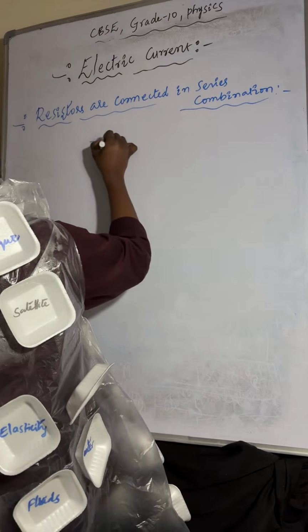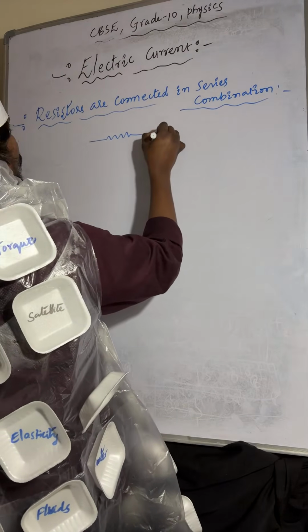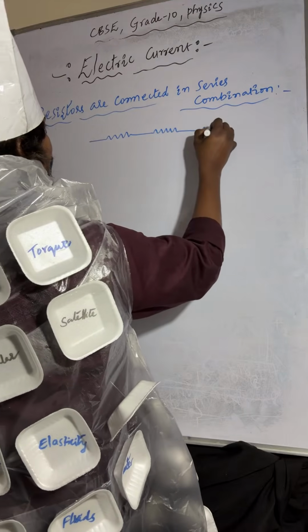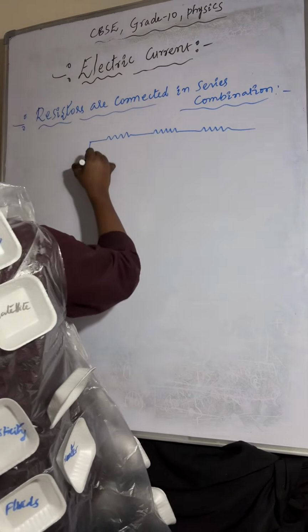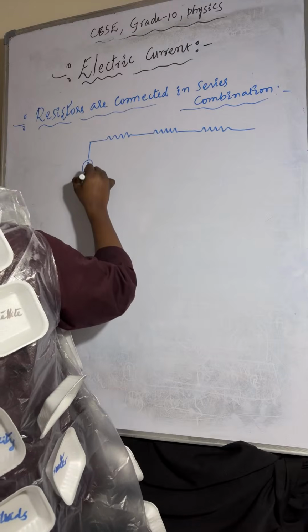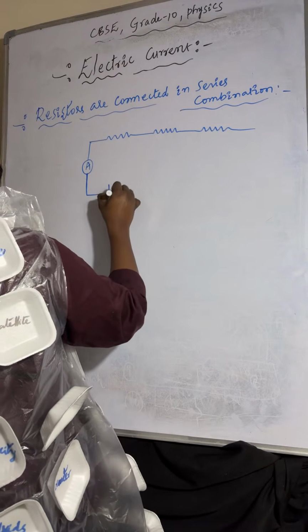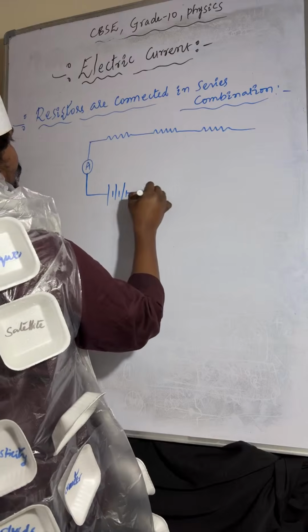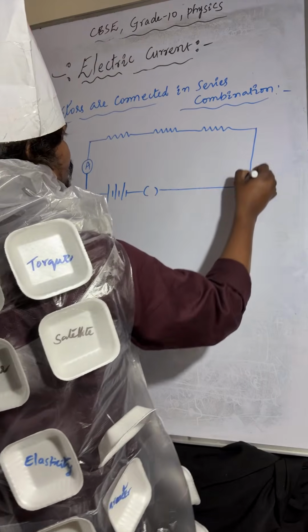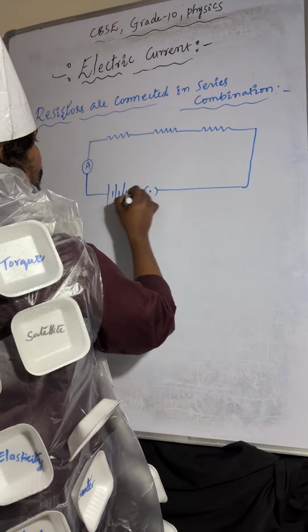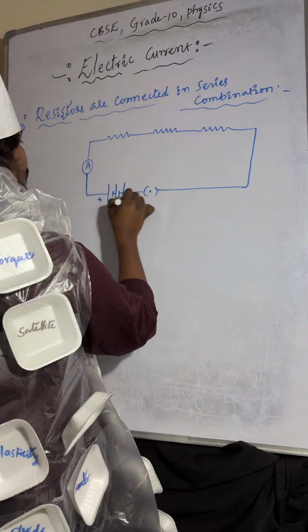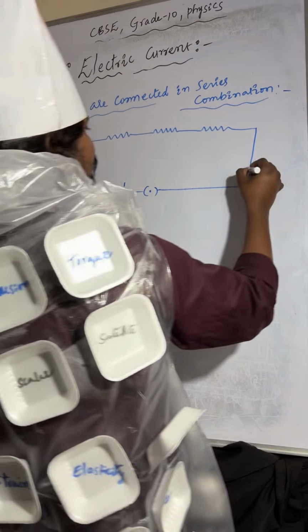First, I am taking R1, R2, R3. Then I am connecting the ammeter. Next, the battery and switch. Here, from the positive terminal to the negative terminal, current is flowing.